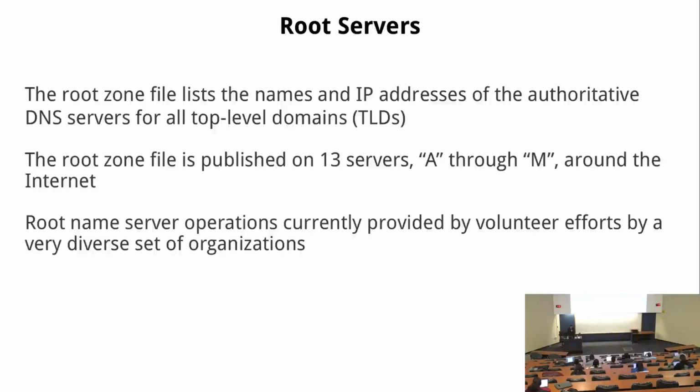The root zone file lists the names and IP addresses of the authoritative DNS servers for the top level domains, like .com and .gov. The root zone file is published on certain servers, named from A to M, on the internet.